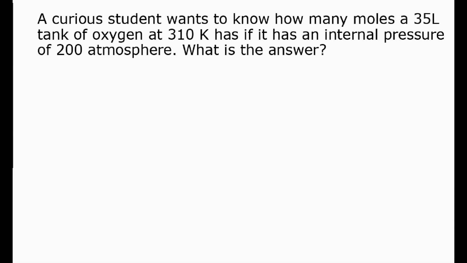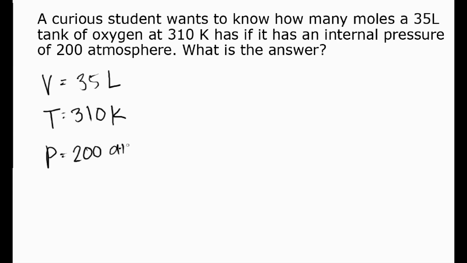So let us first list the given values. Volume is 35 liters. Temperature is 310 kelvins. Pressure is 200 atm. We are required to find the number of moles. So n is unknown.